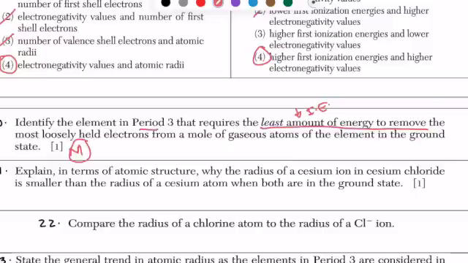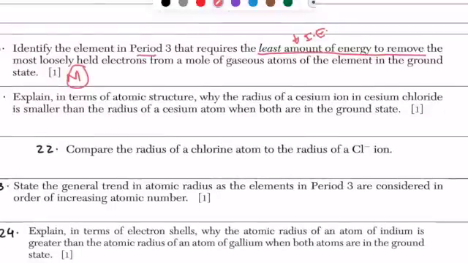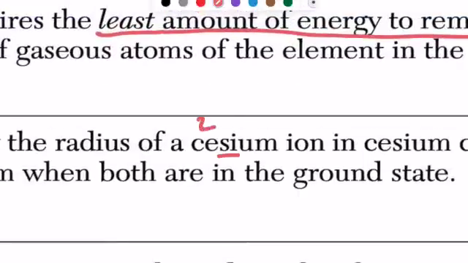Explain in terms of atomic structure why the radius of a cesium ion in cesium chloride is smaller than the radius of a cesium atom when both are in the ground state. So cesium actually has an electron configuration of 2, 8, 18, 18, 8, 1.